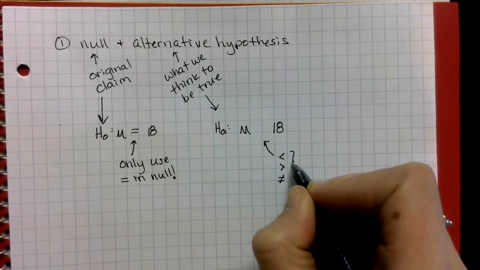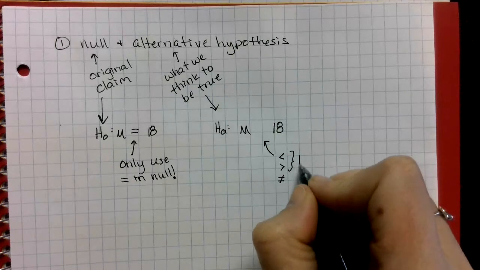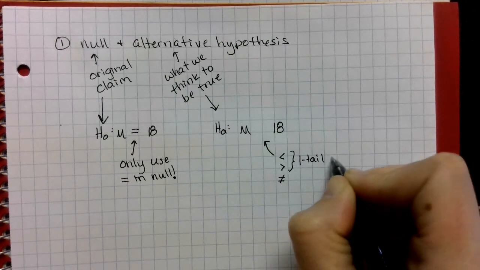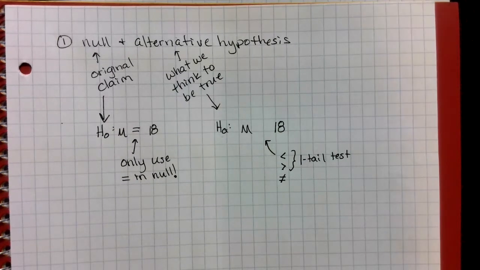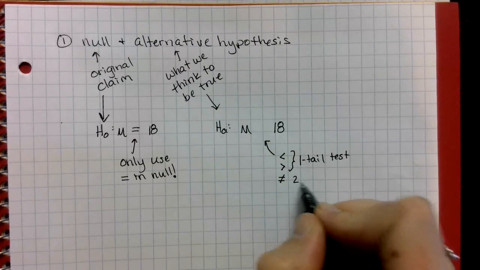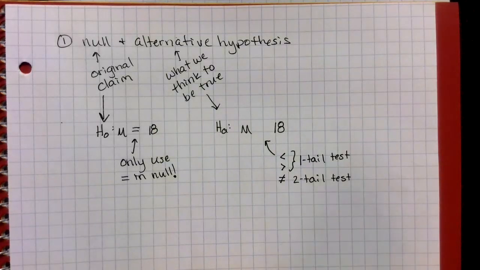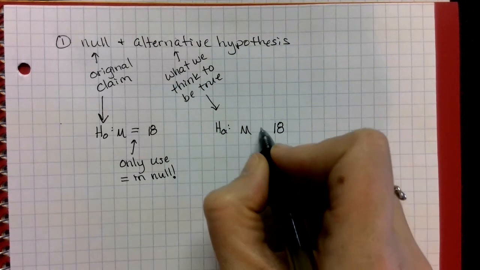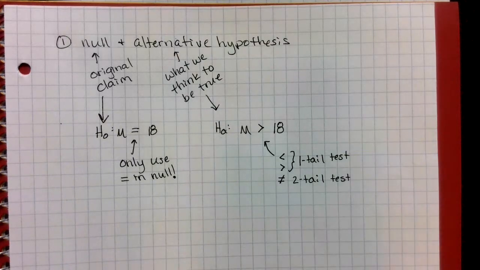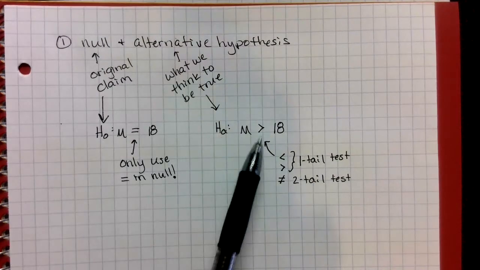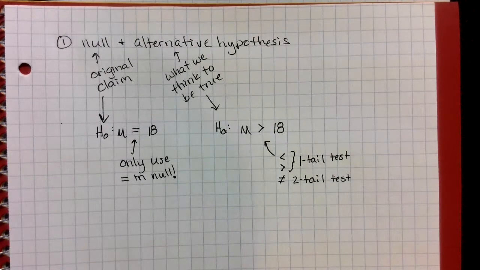If you use less than or greater than, this is what we call a one-tail test. If you use not equal, this is what we call a two-tail test. I'll explain a little bit more about that when we get into critical values and test statistic. So just for the sake of this, I think it's higher than 18. So I would make the claim, my alternative is, I don't think it's equal to 18. In fact, I think it is greater than 18.